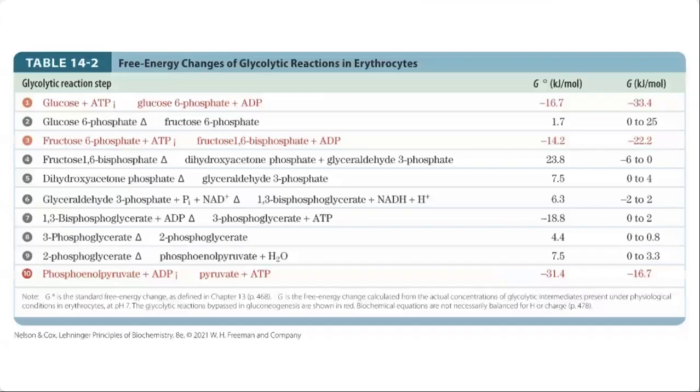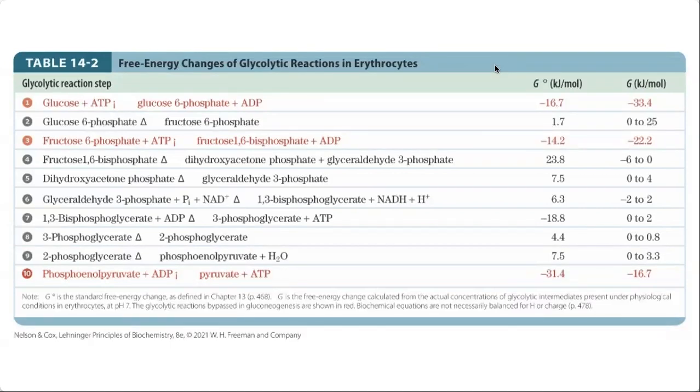Just like when we were talking about thermodynamics and metabolic logic, the logic of pathways, we talked about how there would be steps that would be close to equilibrium, and steps that would be far from equilibrium. We talked also about the delta G naught.